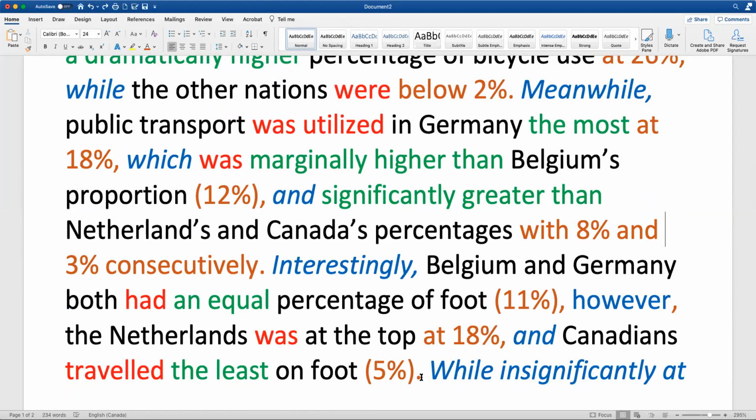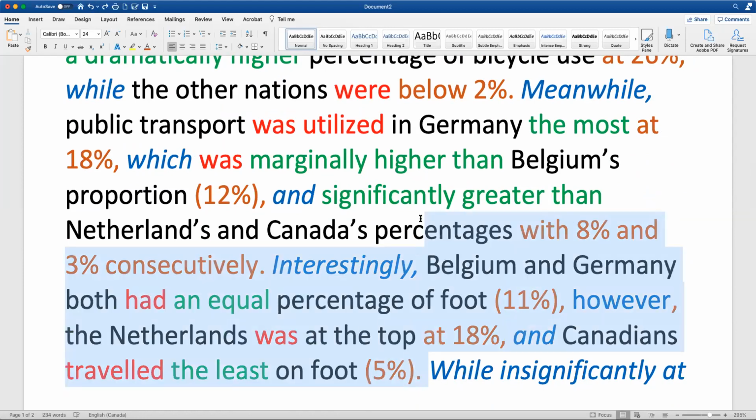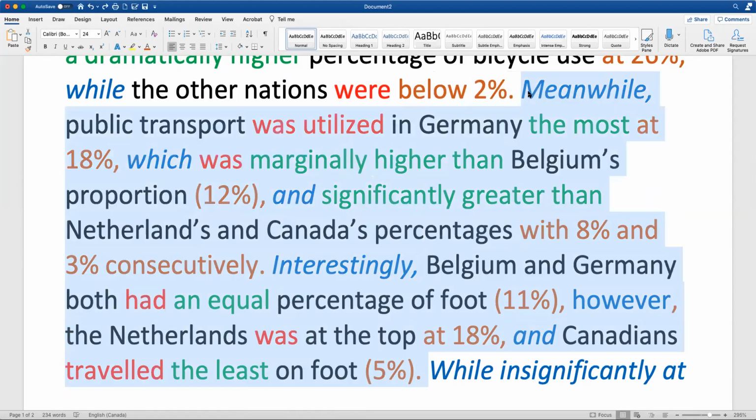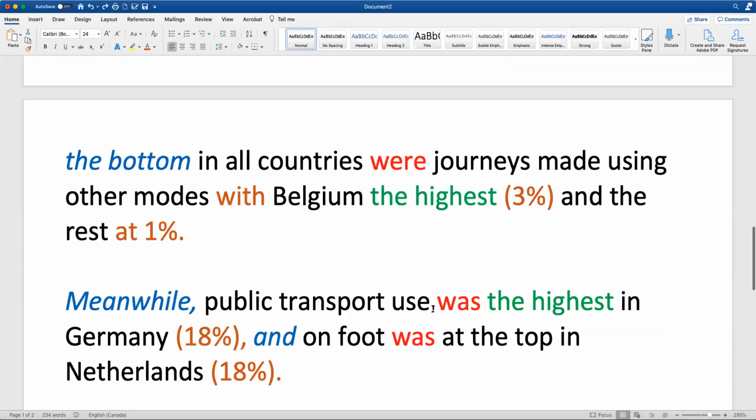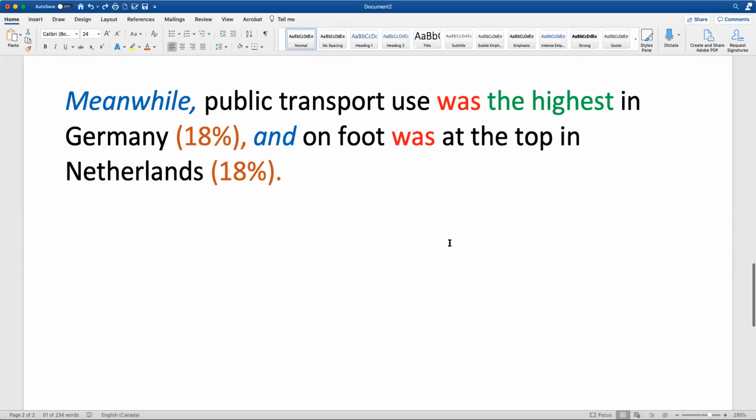Meanwhile, yep. So in here, you see, everyone, again, starting with meanwhile and before while insignificantly, that whole part, you can put this sentence.